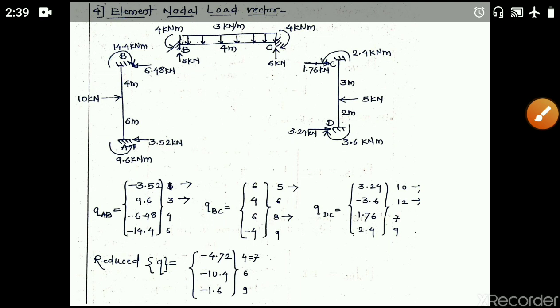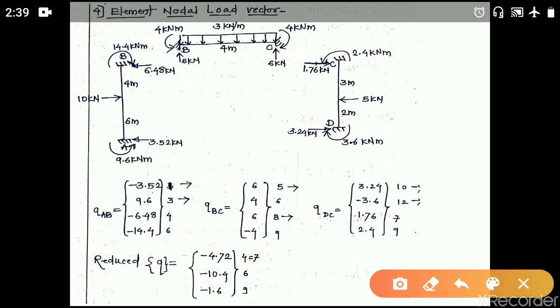Once this figure is completed, showing all the elements separately with all supports as restraint supports, and calculating fixed moments and their reactions, you have to write the element nodal load vector for each member.